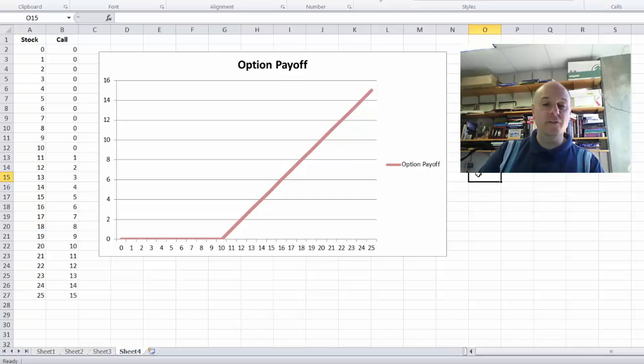Let's just say, for instance, that the stock is currently trading at $10, and I think it's going to go up to $11. Well, what I could do is take $100, buy 10 stocks, and if I'm right and the stock goes up to $11, then I've made 10% on my money.